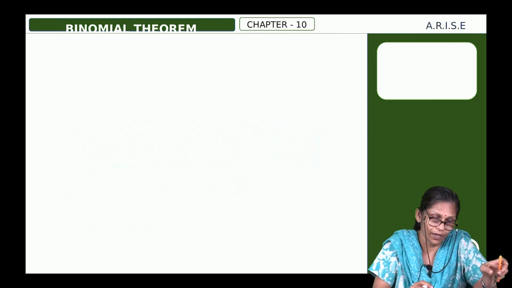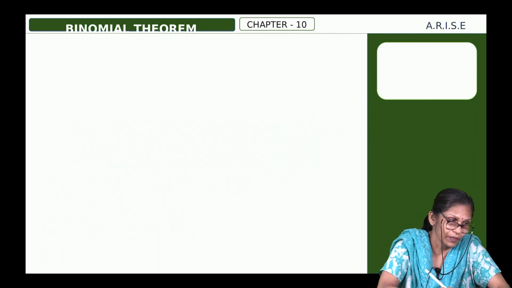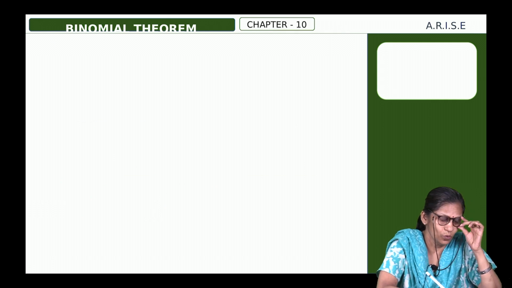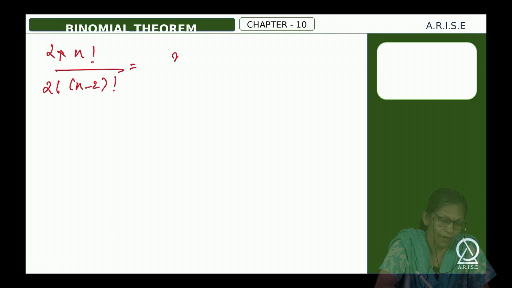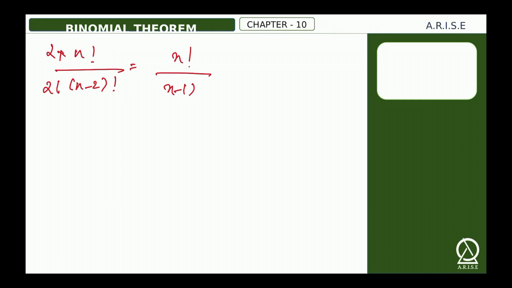So, let us write them down. 2 into n factorial by 2 factorial into n minus 2 factorial is n factorial by n minus 1 factorial plus n factorial by 3 factorial into n minus 3 factorial.